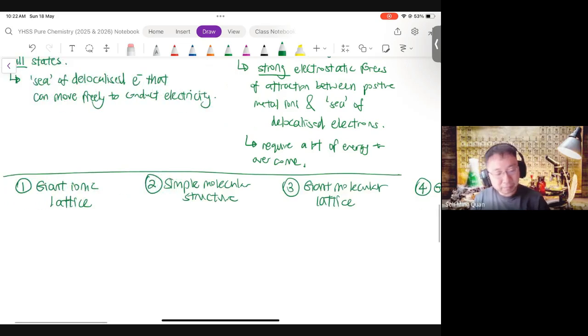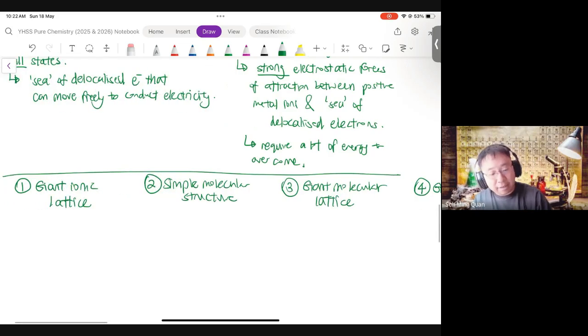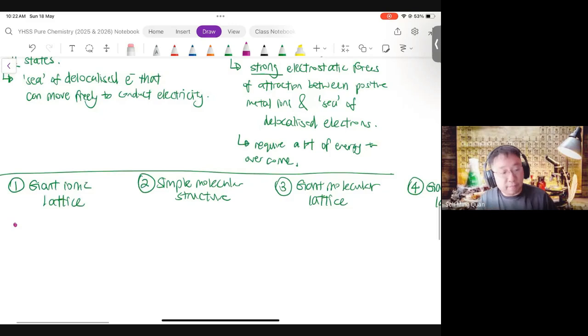Okay. So ready? First, you can tell which is which based on the elements involved. If it's a metal plus non-metal, it's ionic, giant ionic. So like sodium chloride, magnesium oxide, potassium fluoride. You know that one is a metal, the other one is a non-metal, giant ionic.